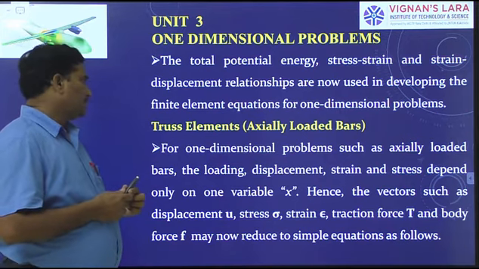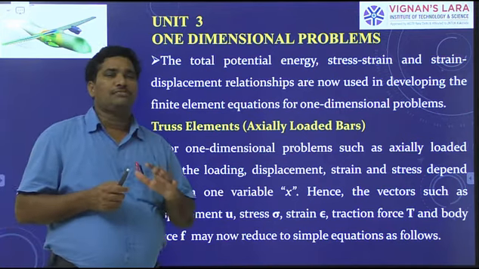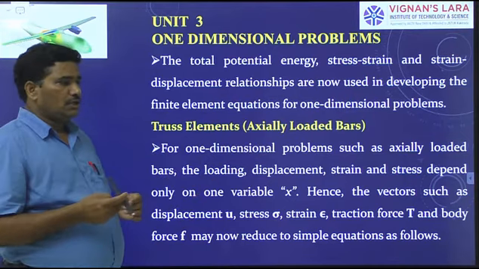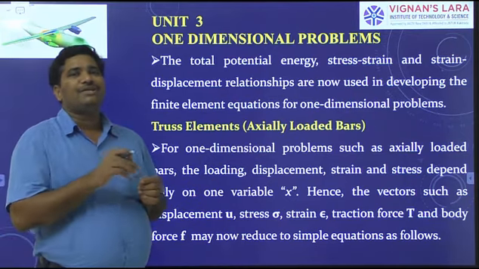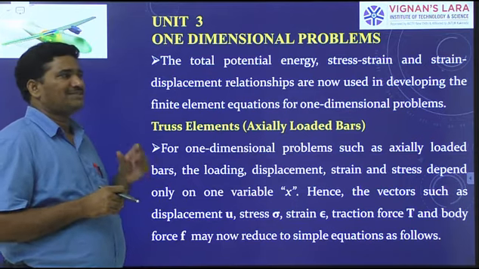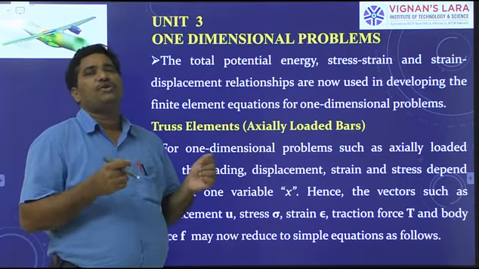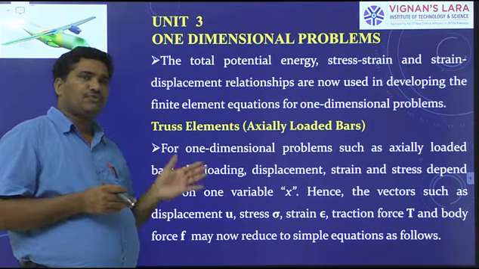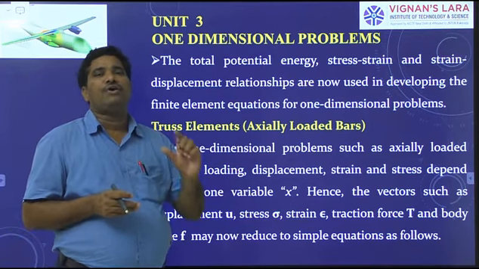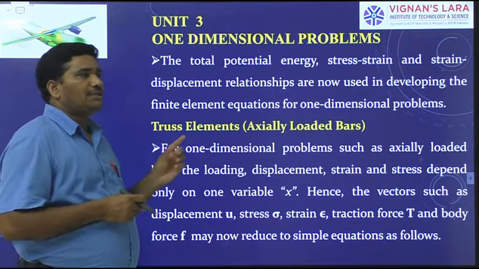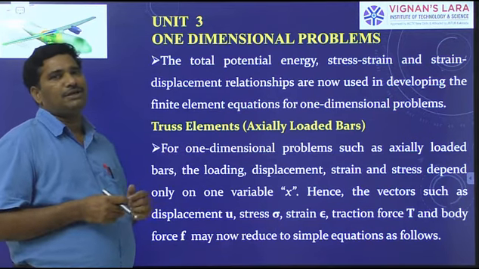Right? Now we take axially loaded bars. The axially loaded bars behave as the elements of the truss because truss element is a two-force member. So therefore, the behavior of axially loaded bar of uniform cross section and the behavior of truss element are same.